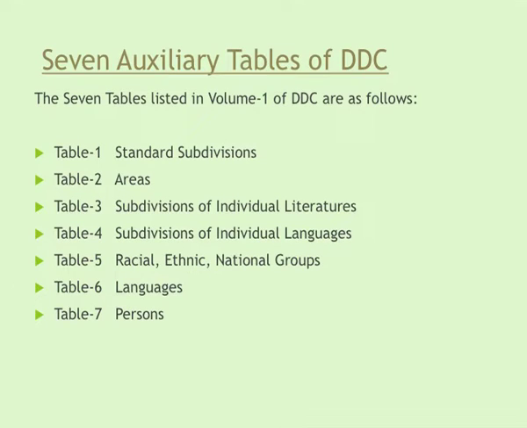Similarly, table 3 is specifically for subdivision of the literature numbers given in the schedules. For example, 1 is for poetry in table 3. If we attach 1 to any literature number, it becomes poetry of that particular literature, Urdu poetry, Hindi poetry, or English poetry.